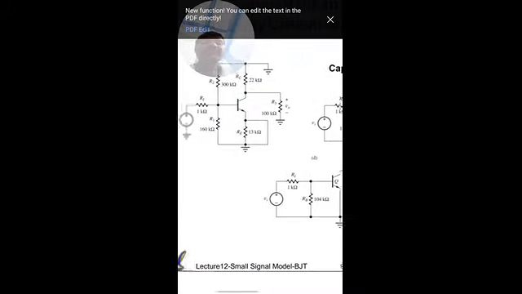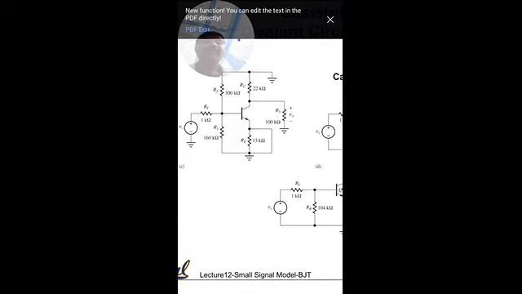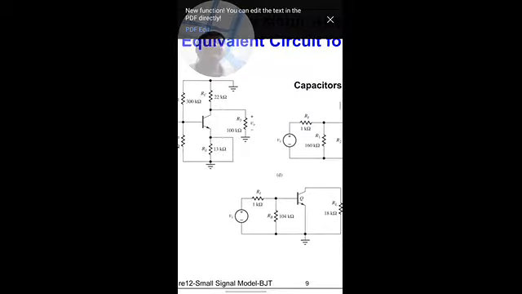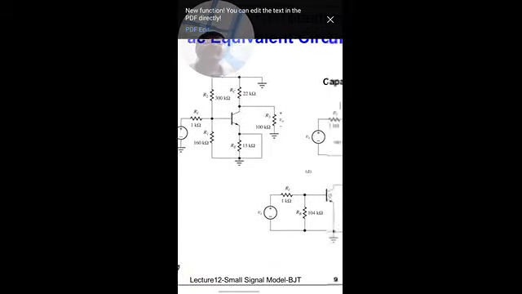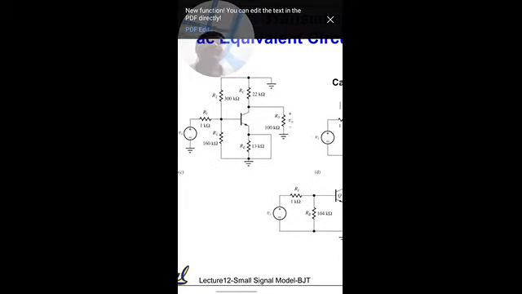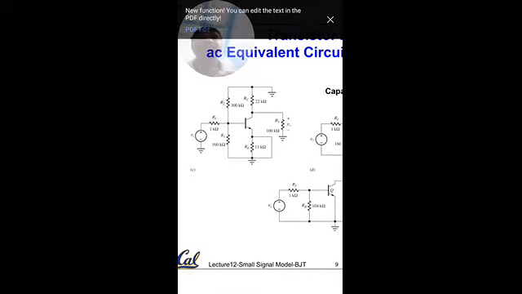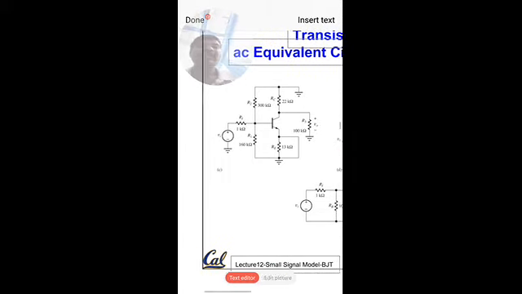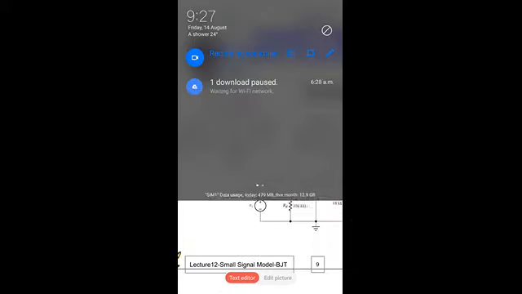After replacing the capacitors by a short circuit, we redraw the circuit, and the circuit will become like this.